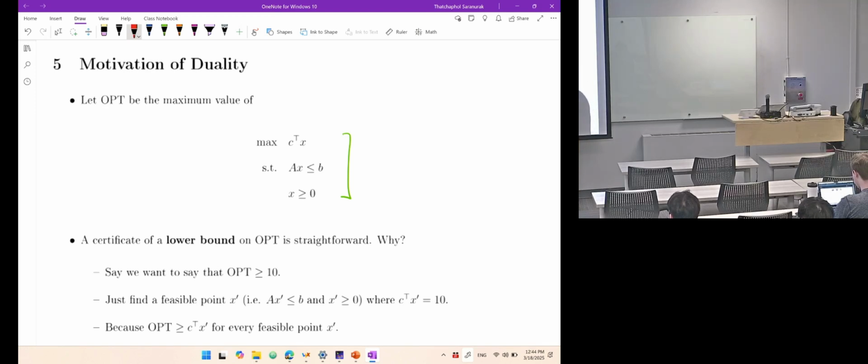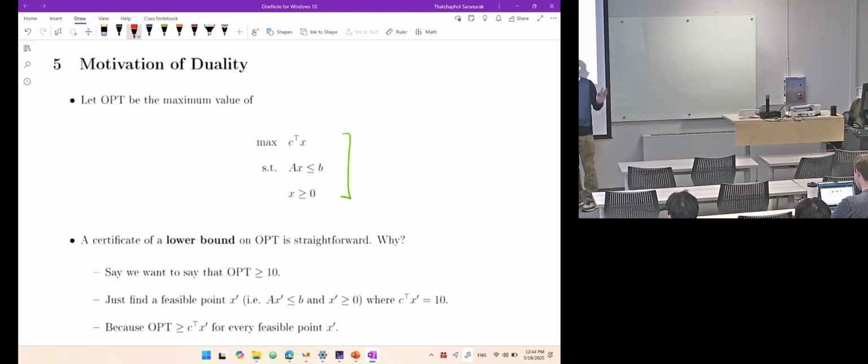Then actually it's easy to find a certificate and verify that. Why? Because suppose I want to show it is at least 10. If someone gives me a feasible point x prime, I can easily check that it satisfies both constraints. Suppose c times x prime is 10.